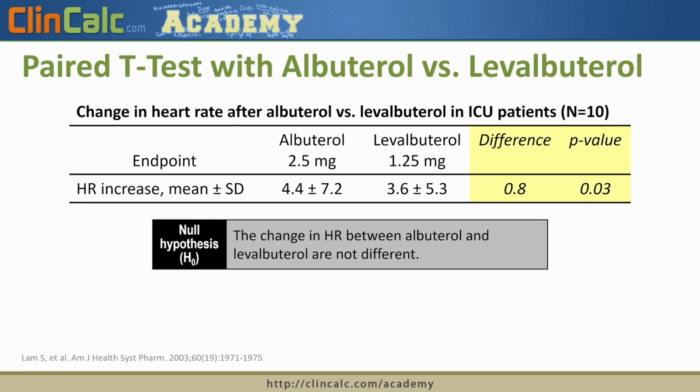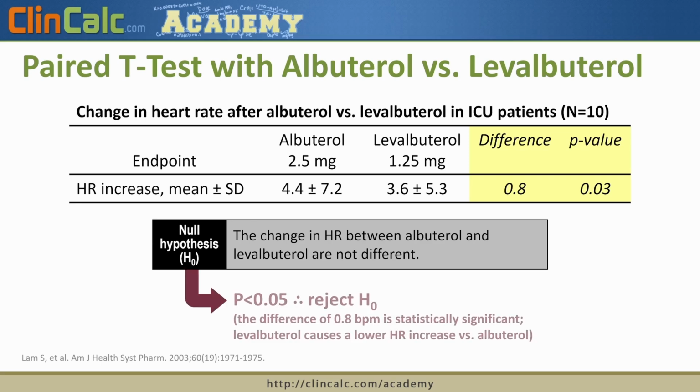So again, the null hypothesis was the difference between albuterol and levalbuterol is not different, or it's similar to 0. Because the p-value is small, we reject that, and we conclude there is a significant difference between albuterol and levalbuterol. That levalbuterol causes less of a heart rate increase compared to albuterol.